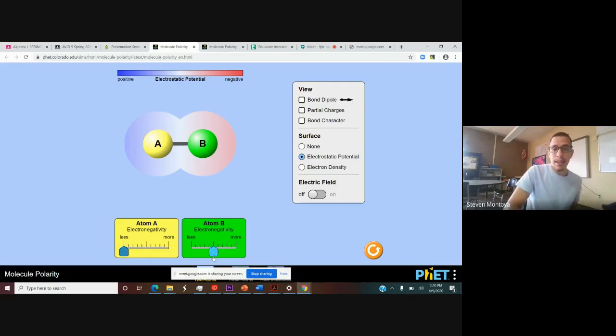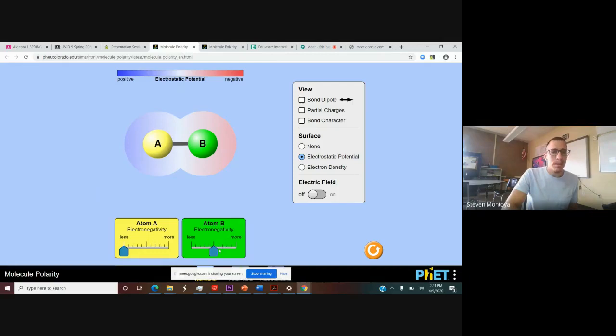Or you could say it's 50% stronger than atom A's. And that difference in electronegativity between atom A and atom B produces the difference in charge in this molecule, okay? It produces a weak negative charge on B and a weak positive charge on A, right?